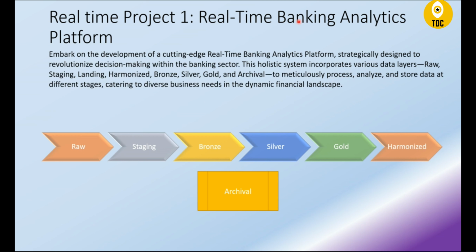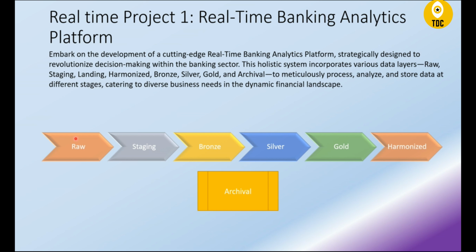And this is a banking analytics project we are talking about, right? Now let us discuss each of the layers and how they can be used for the banking use case, to perform real-time banking analytics. Let's take the raw layer. The raw layer is definitely initiating the process.